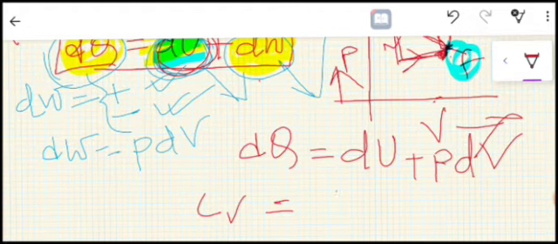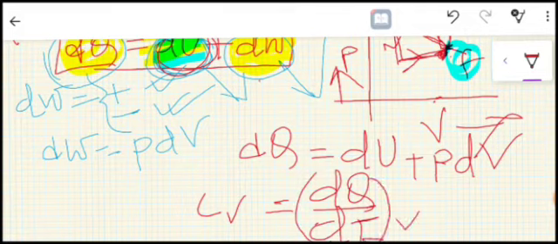Cv is nothing but dq by dT at constant V. That is the amount of heat change per unit rise of temperature, keeping the volume constant. This is known as molar specific heat at constant volume.